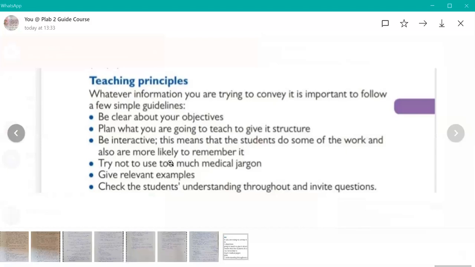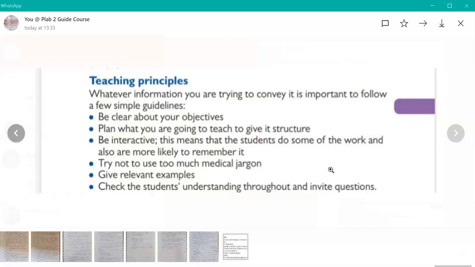As a teacher, I will explain: be clear about your objectives, as I said. You have to explain, but the student will read the steps: be clear about your objective, plan what you are going to do, give it structure, be interactive. Try not to do what some people do, who teach by just reading it out without explaining anything. This is also not going to increase your marks.